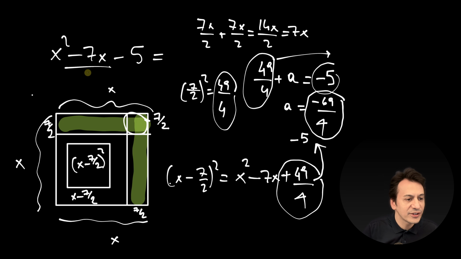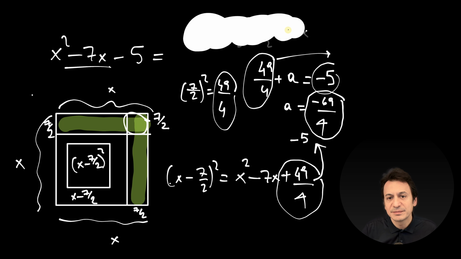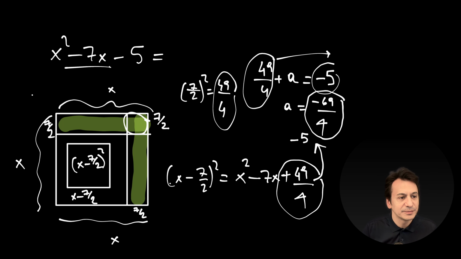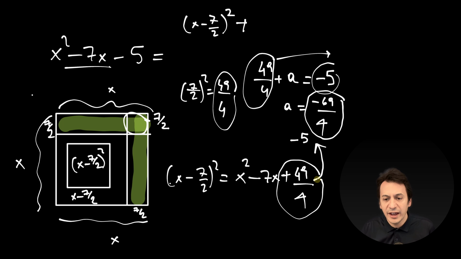Okay, let's do it now. I will erase this upper part and then write it here. Let's go. We can do this. x minus 7 over 2 squared plus, since I have 49 over 4 here, and since I want to get minus 5, I have to add this number to it. So rather than plus, I can put a minus here, right?